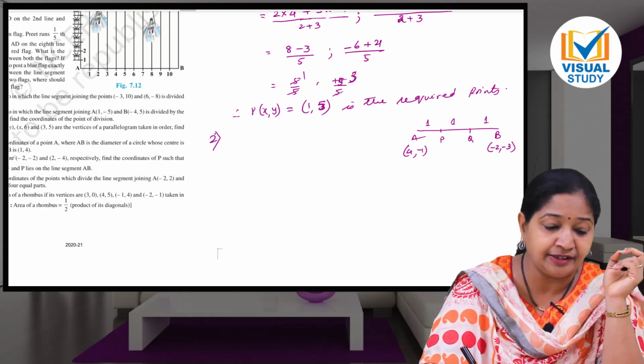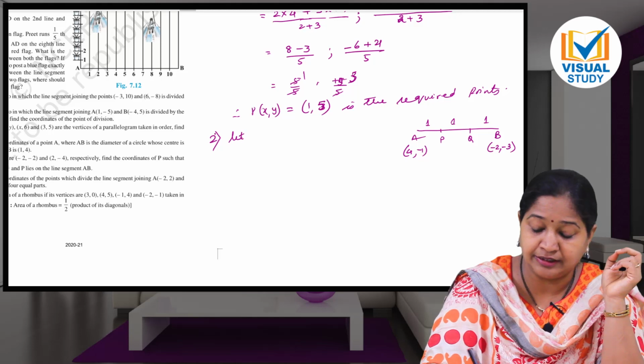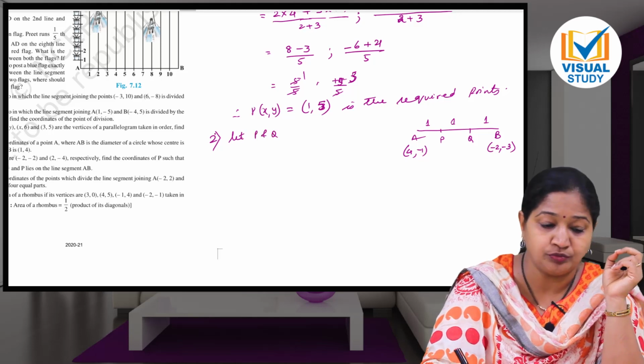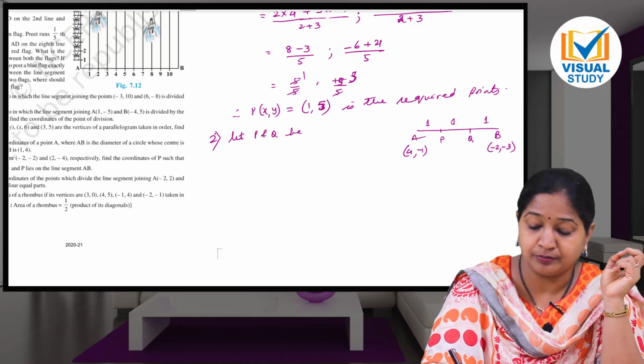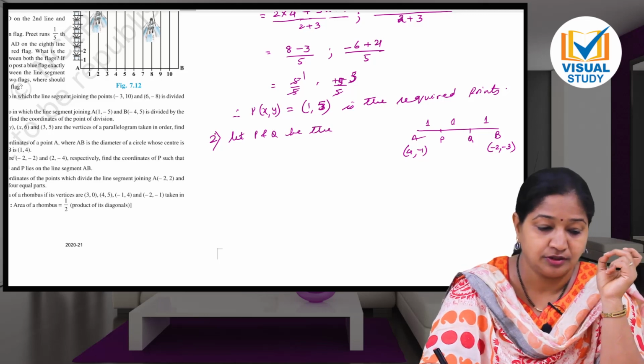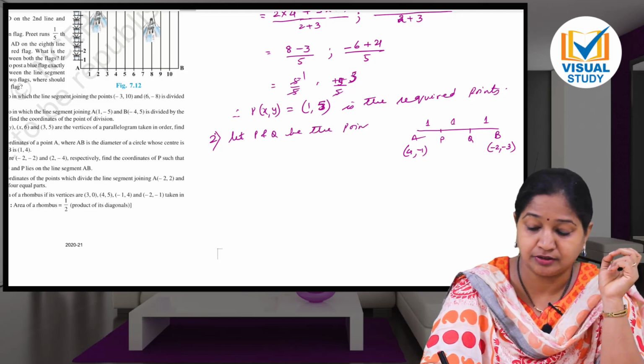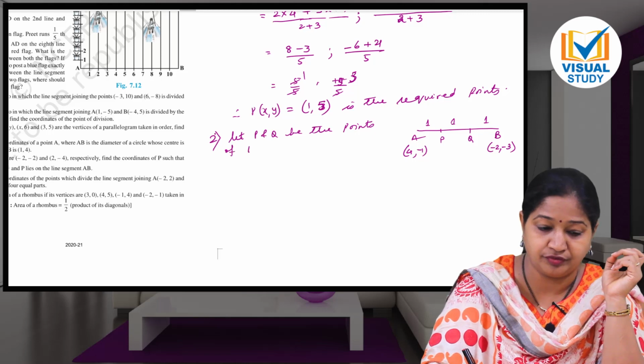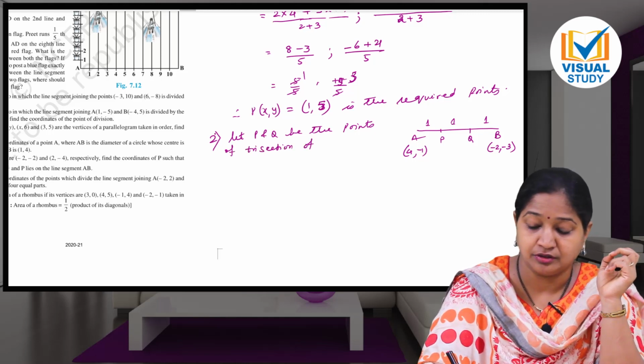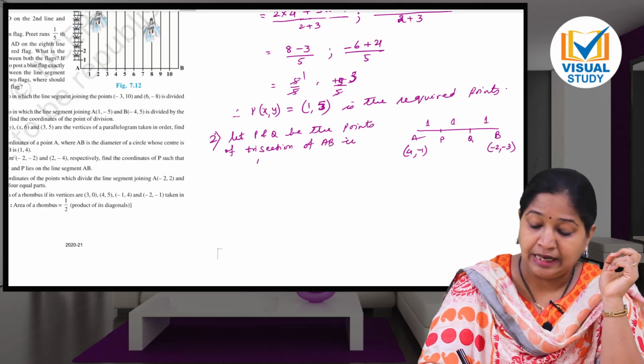So we can write, let P and Q be the points of trisection of AB. That is AP is equal to PQ is equal to QB.